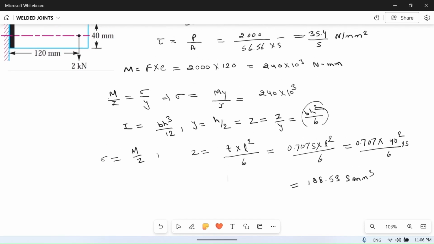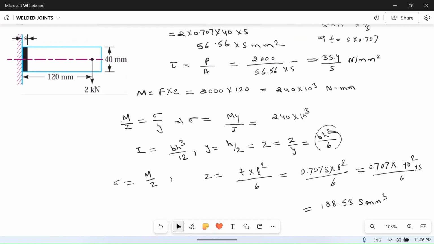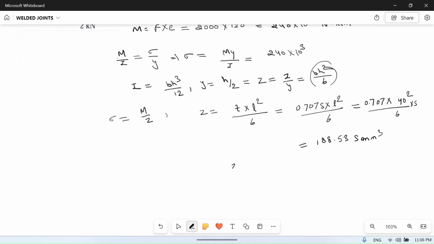Now this is only for one side. One side weld we have considered only with L equal to 40. There are two sides of the weld, one this side and the other opposite side. So it will become Z is equal to 2 into 188.53 S. So it will become 377 S mm cube.